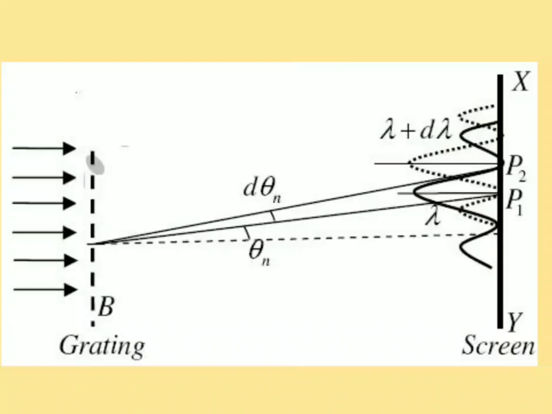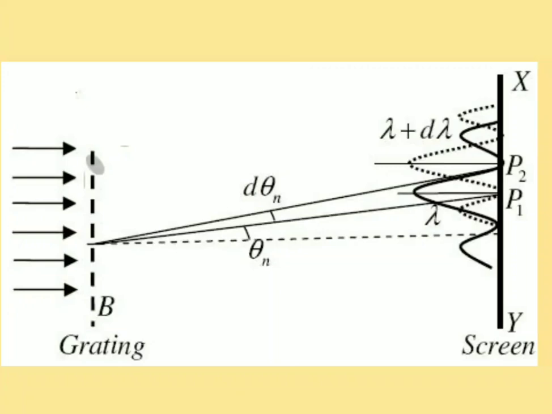It is a clear just resolve case. Here the wavelength lambda makes a diffraction angle theta n, and the wavelength lambda plus d lambda makes an angle theta n plus d theta n.